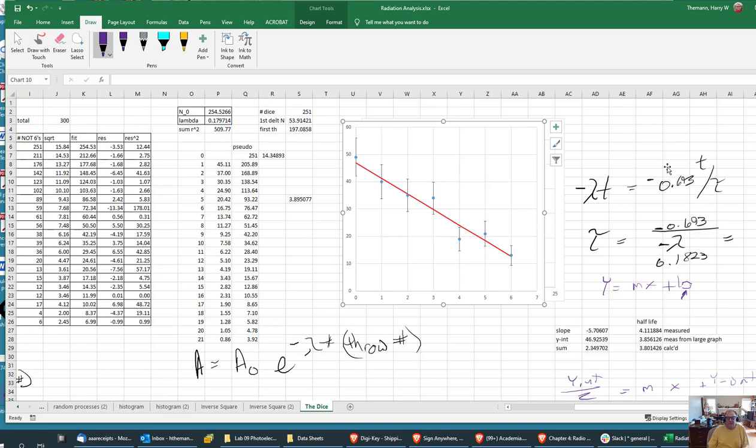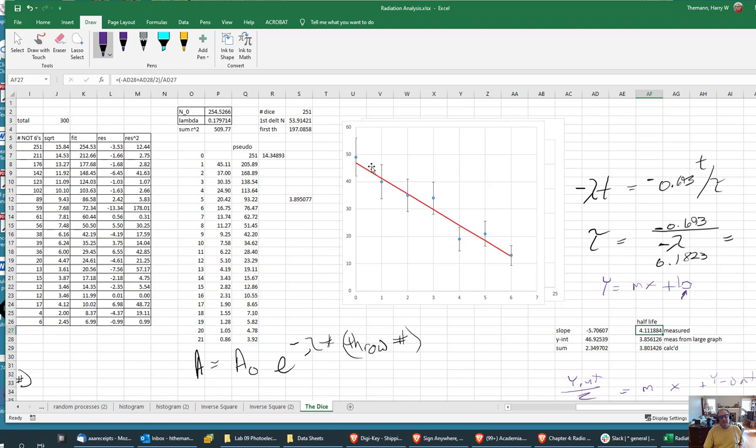And of course we could also do an R-squared fit here to check and see how good of a job we did as far as linear fit. That's what R-squared would tell us, but I have to remember if R-squared will go for any curve. But even so, my calculated one and my measure from the large graph is amazing.